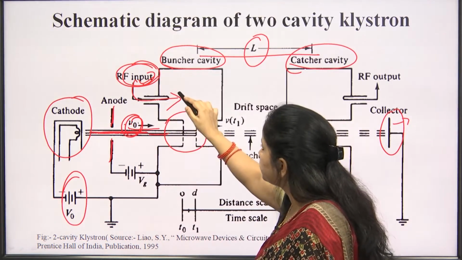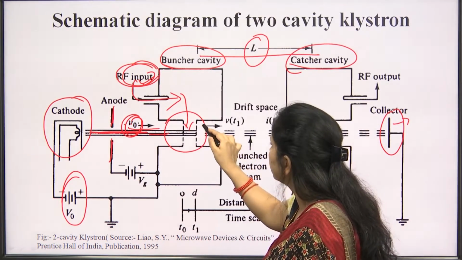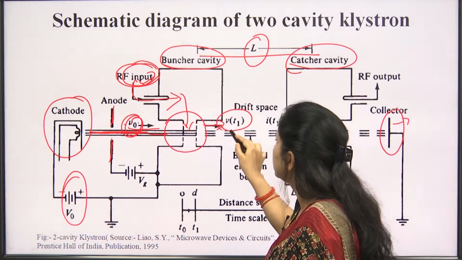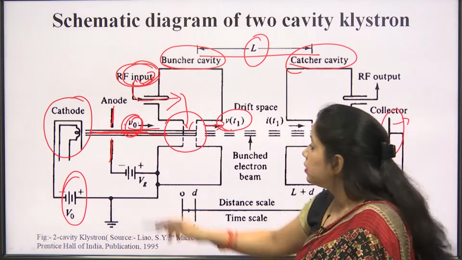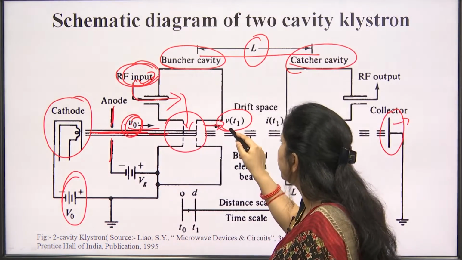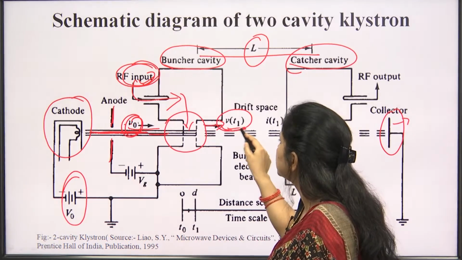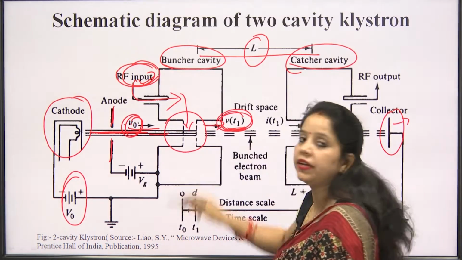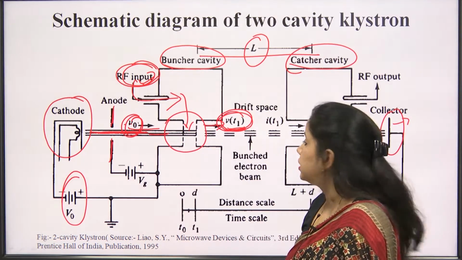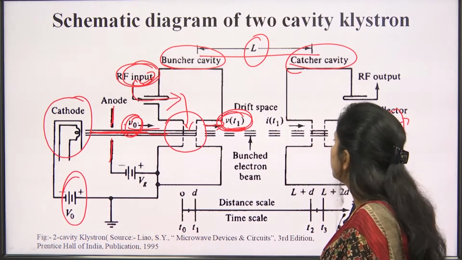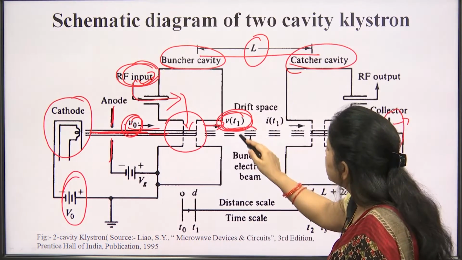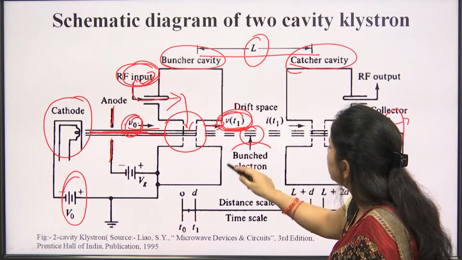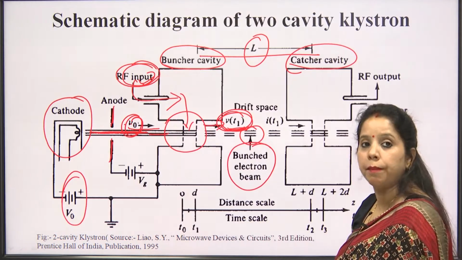After coming out of it, the velocity of the electron does not remain the same; it changes into the modulated one, that is VT1. So, in the modulation case, the electrons are in the form of a bunch.